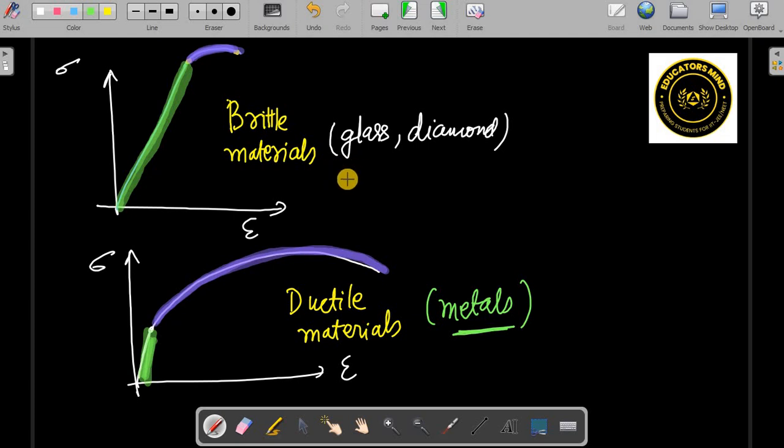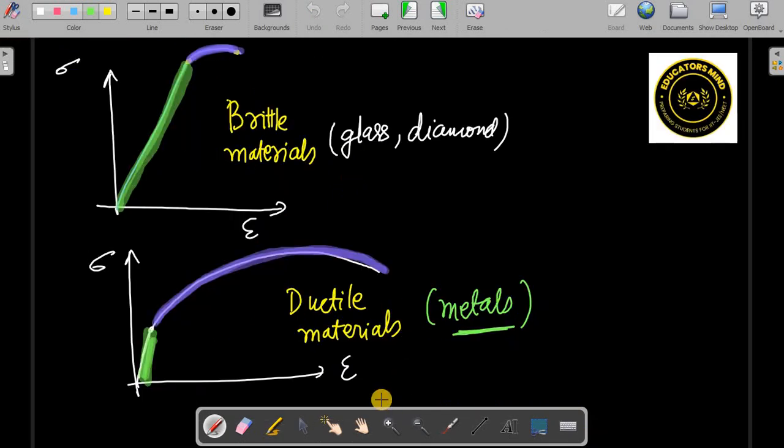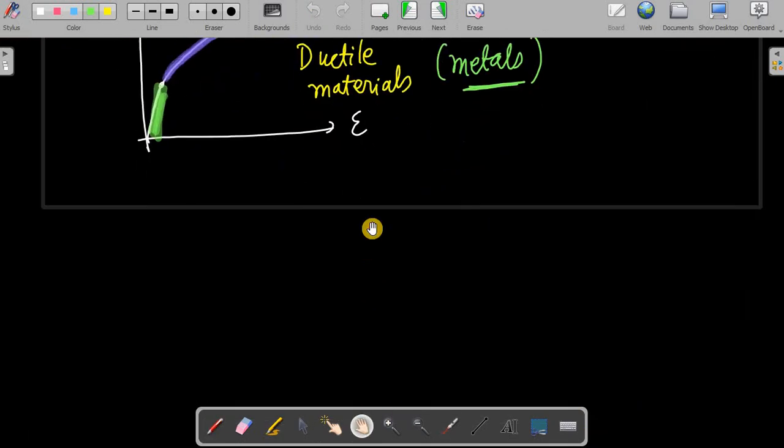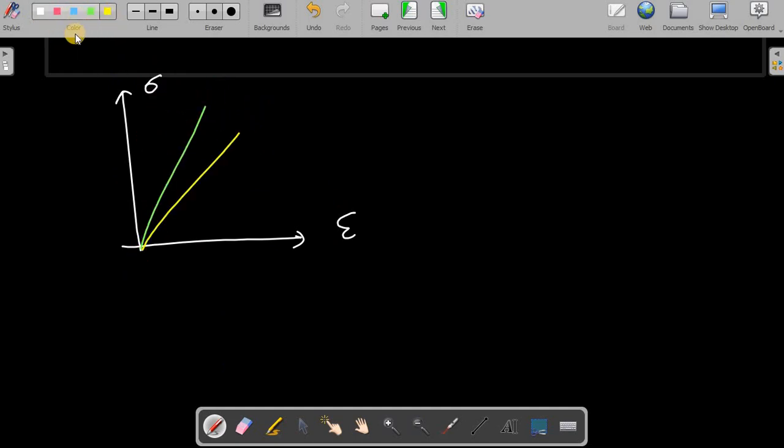Okay, so these things are important, and the slope also. For example, if you draw a stress strain graph, and one graph is like this, another graph is like this, definitely the slope is larger for this. Let's say this is the first, second. So the first has more slope.